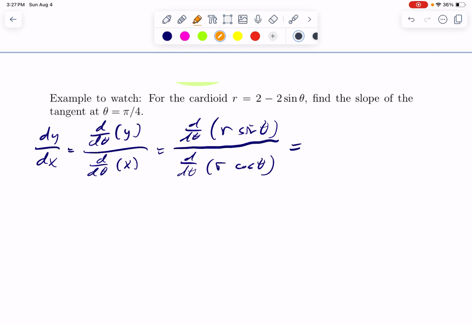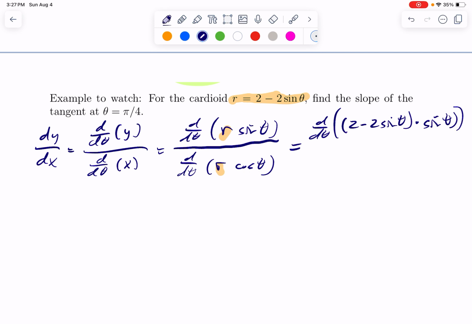And we know, for this particular example, what r is. So here we would have 2 minus 2 sine theta times sine theta. And down here we would have r, which is 2 minus 2 sine theta, times cosine theta.